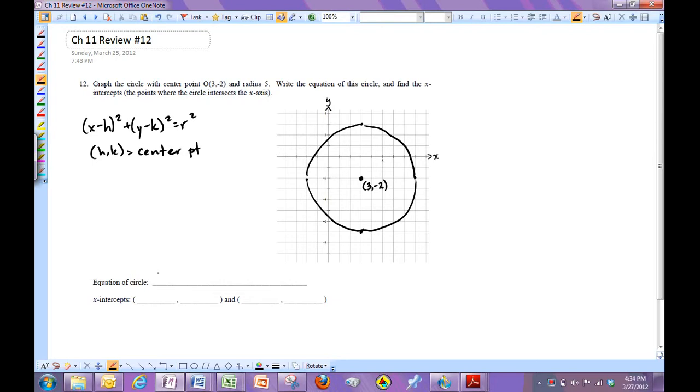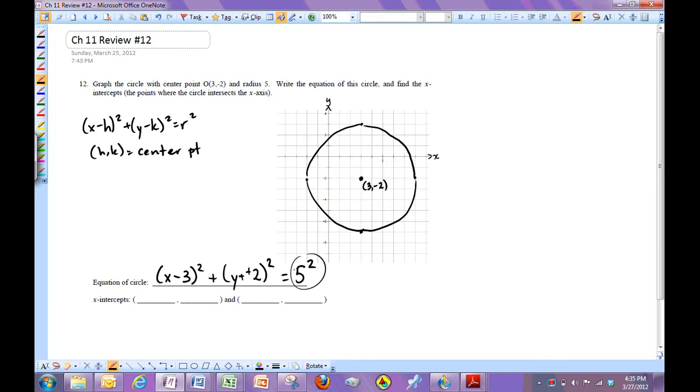And so that means I'm going to write (x - 3)² + (y - (-2))². So y minus negative 2 becomes y + 2, squared, equals the radius, which is 5, all squared. So you could also write 25 here if you wanted.